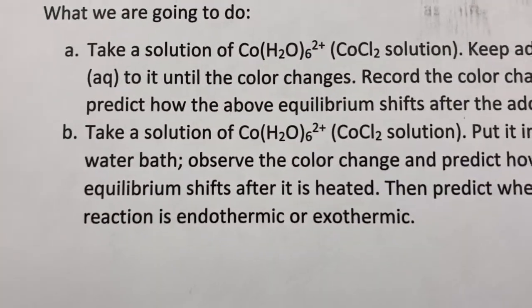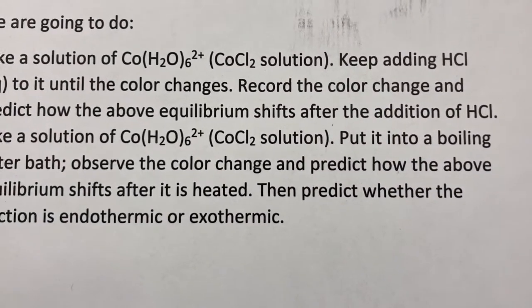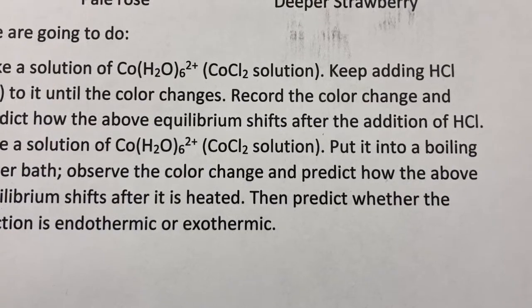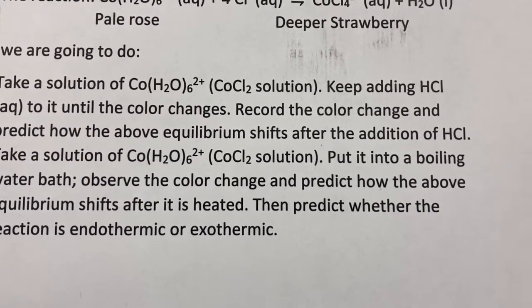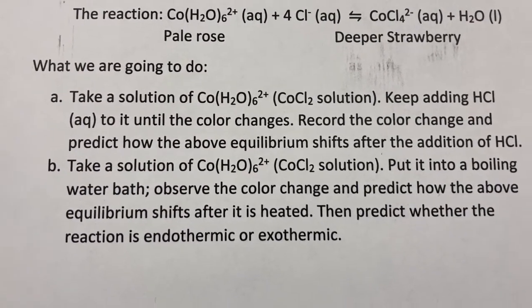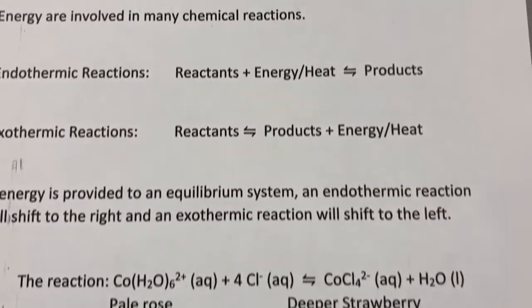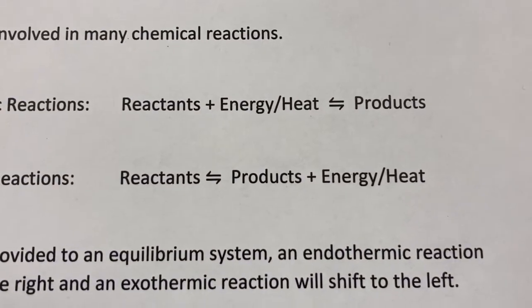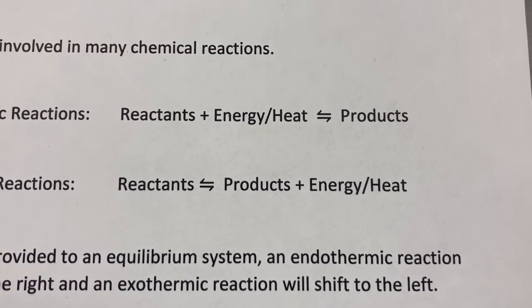We're going to put it into a boiling water bath and observe the color change. Did it shift to the right, become darker, or did it shift to the left, become lighter? By doing that, we're going to predict whether the reaction is endothermic or exothermic.